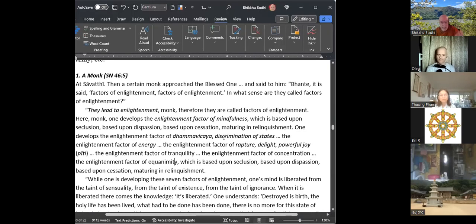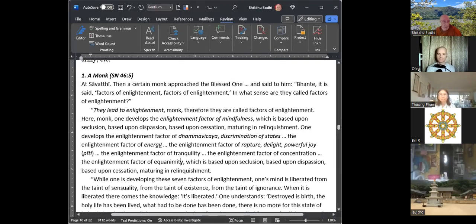And then with the second factor, investigation of states of mind, one starts to gain insight into the states of one's own mind, the functions or the factors operating in one's own mind. And then, of course, you have to arouse energy to apply yourself to the practice and to strengthen the practice.